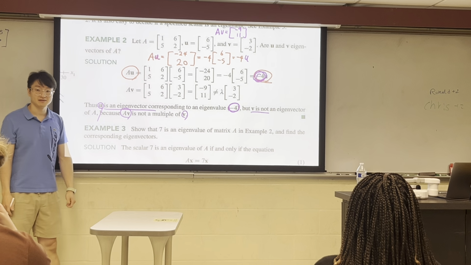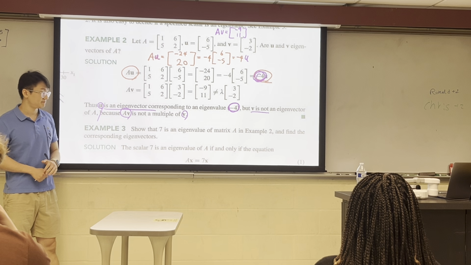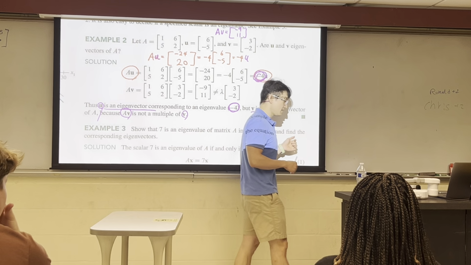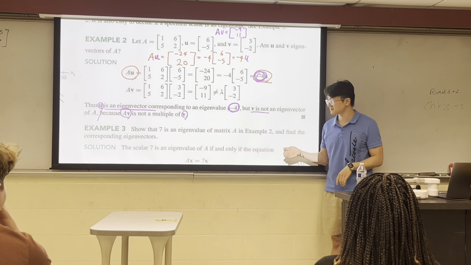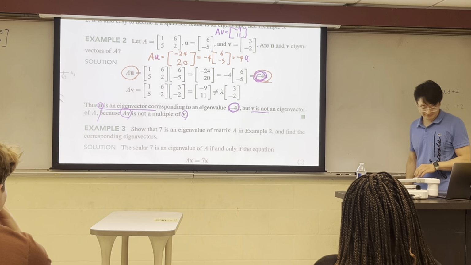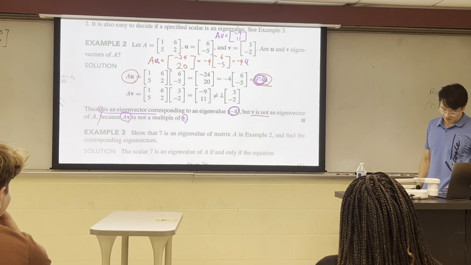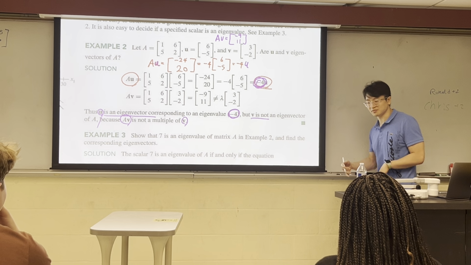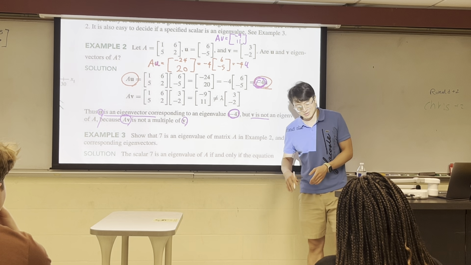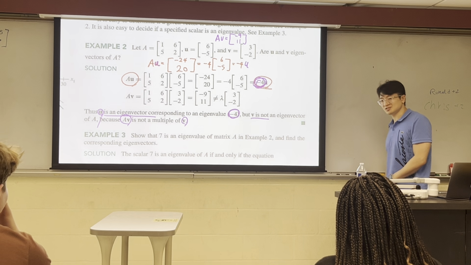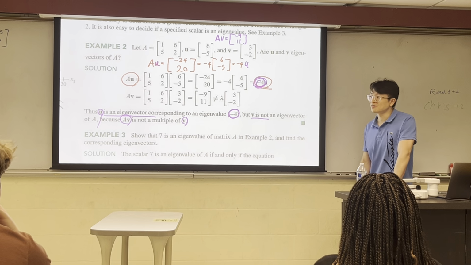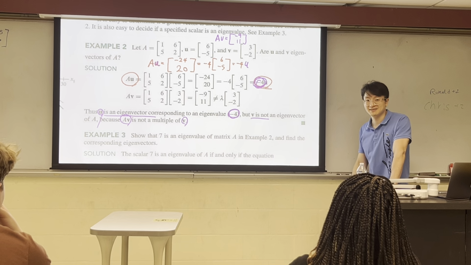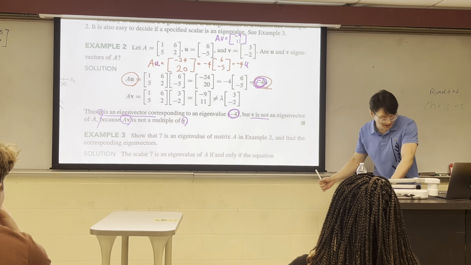Verify this, and find me the corresponding eigenvector. You already know how to solve this, right? Because row reduction and finding the solution is going to do this job. Okay, the setup is okay.